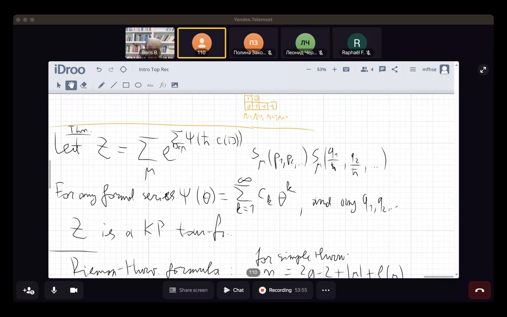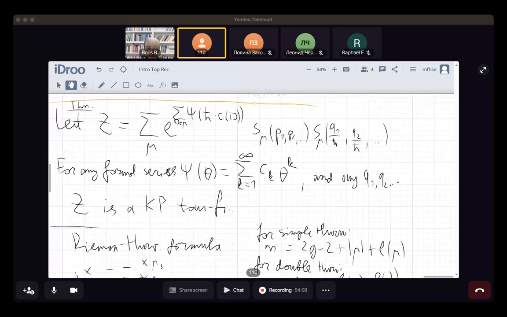Then this will agree with the formula above. And you can check this. Because what happens? We have u to the power n. This will agree with the formula above.